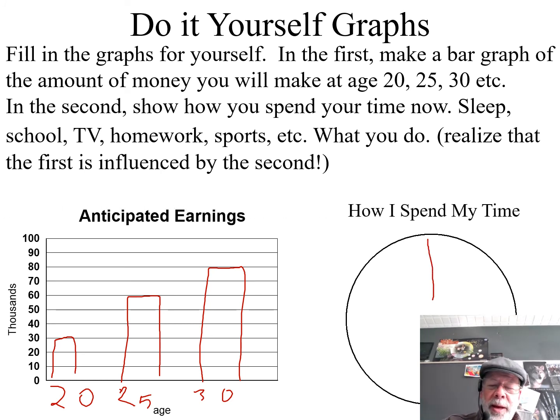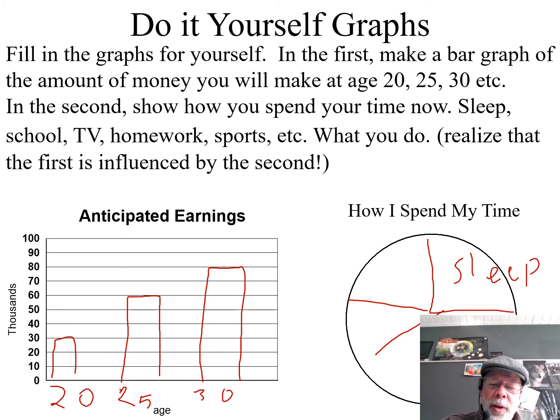Well, if I spend 6 hours a day sleeping, how about if I spend more than that? If I spend maybe 8 hours a day at school, and what else do you do? Maybe video games. Maybe you go for a walk. Maybe you're on the phone, whatever. But that's how you spend your time.